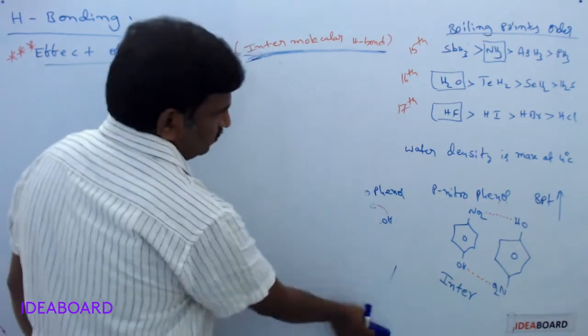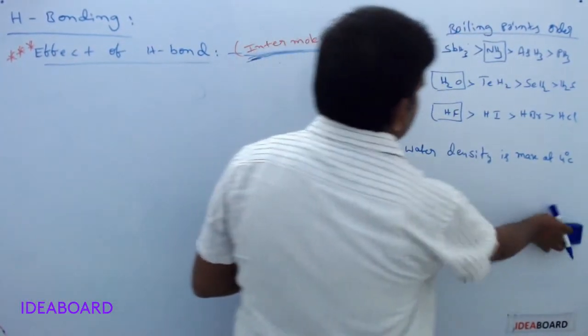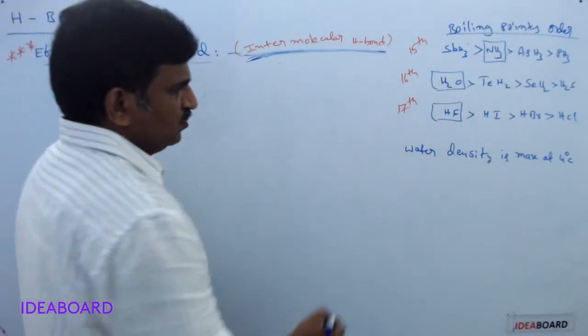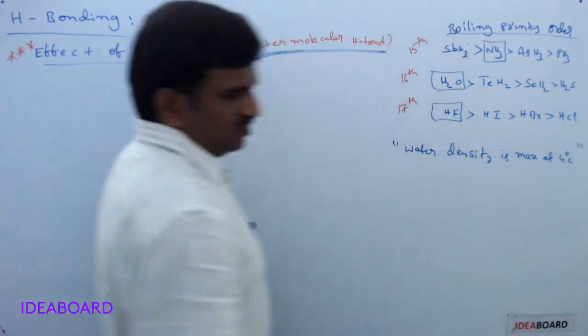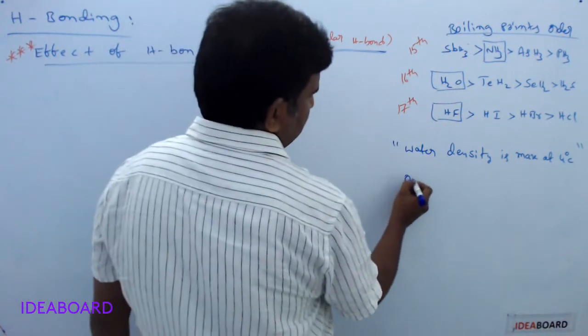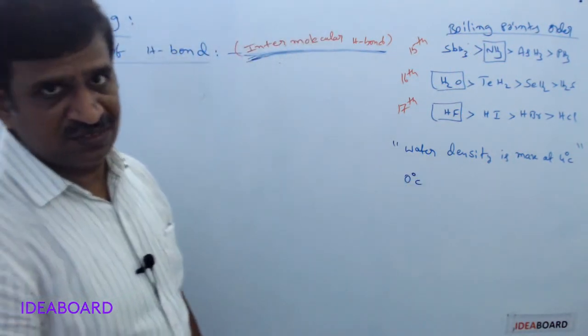Next, and the last point, water density is maximum at 4 degrees Celsius. Why? You know that, and it is a question they asked previously also. Generally, the boiling point of water, we know that it is 0 degrees Celsius now. Melting point, sorry. The melting point of water is 0 degrees Celsius.